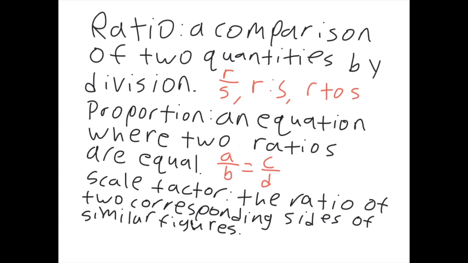So this is often used in like scale models. So if you've got this really big object and you want to make a scale model of it, you need to make it smaller. But you want to make it proportional. You want everything to be the same ratio. In order to do that, you need a scale factor.